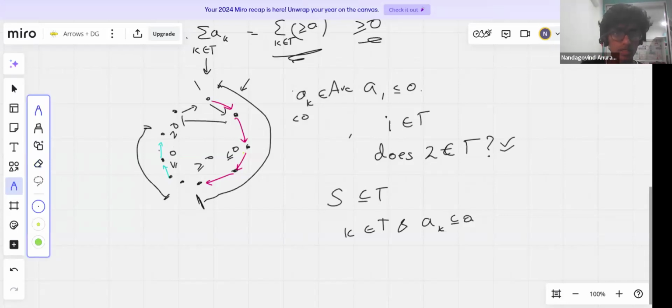Okay, so what can you say about this intersection segment? Can you comment on whether the intersection segment is positive or negative?